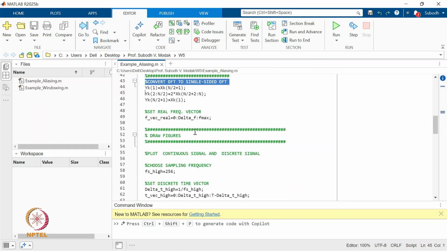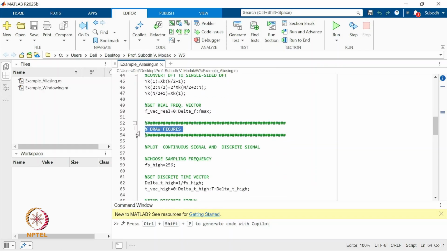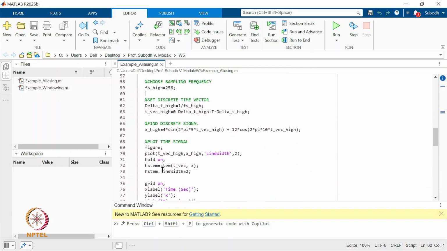And then after this I am plotting the figures. First I am plotting the continuous signal which I have obtained by sampling the signal at a very high sampling frequency, much higher than 16. Then I am plotting the time signal and overlaying on it the discrete signal which was obtained at 16 hertz.